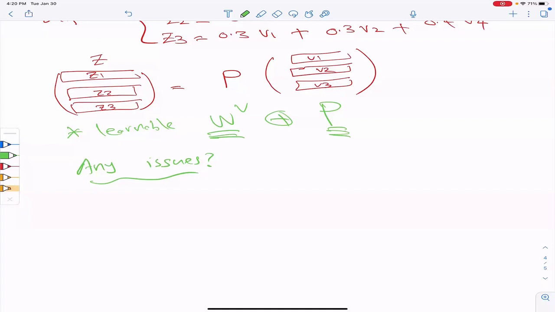Not necessarily, because you have P and you have V's that are functions of WV. So you have a product of the two. So it is non-linear. That's not the issue. P should be full rank? Forget about it, it is not full rank because the row sum should be 1, but I don't have any other constraints.